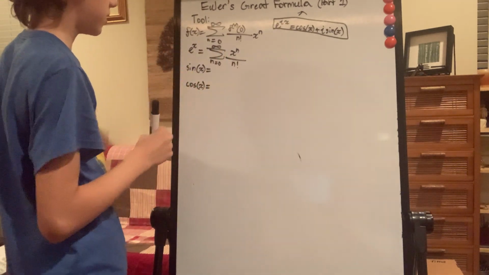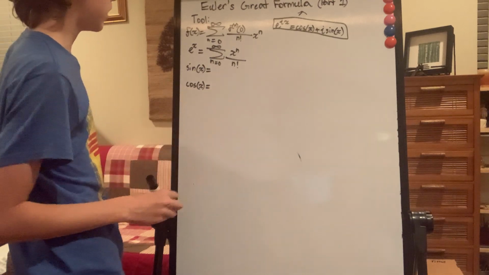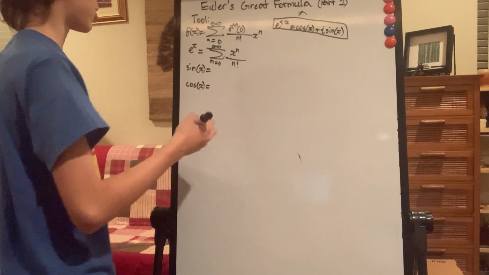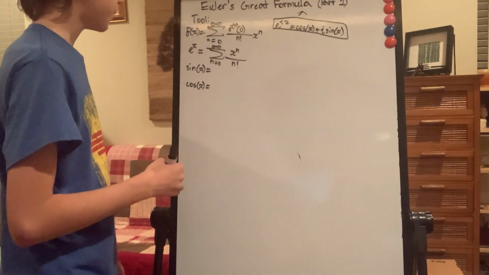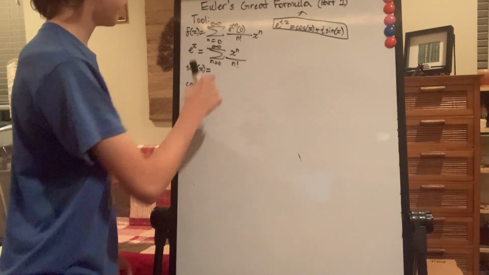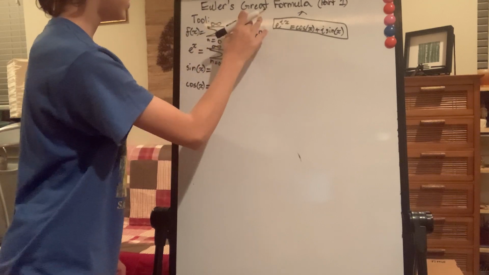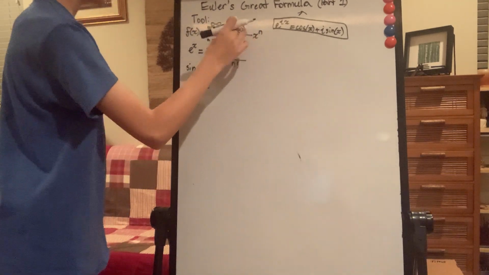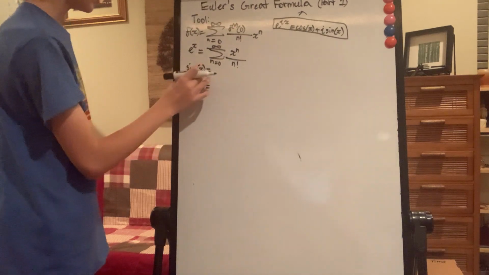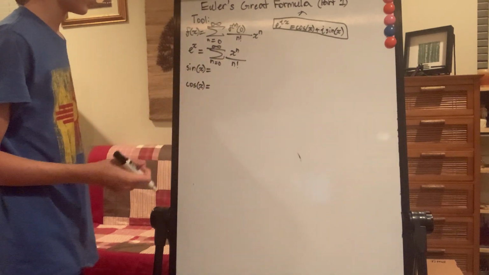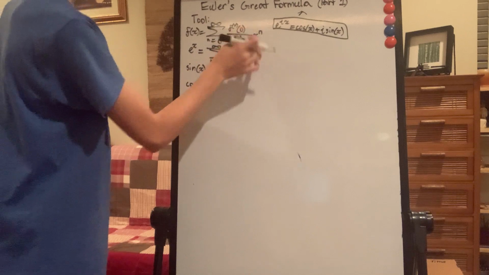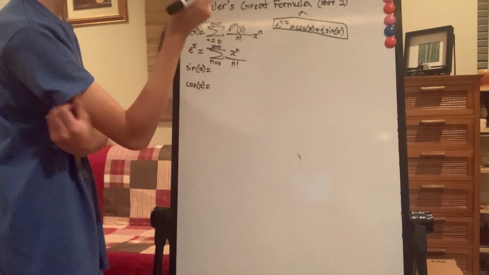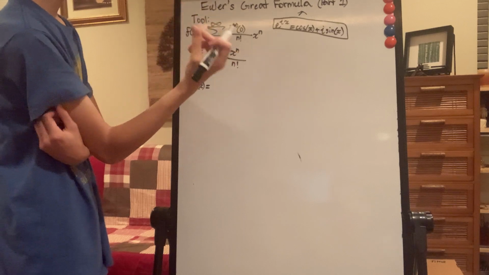For sine of x and cosine of x, it's not as easy. We have to list out terms in order to help us work that out, but that's not that difficult. So start at n equals 0, the 0th derivative at 0. Sine of 0 is just 0, over 0 factorial, that's still 0.